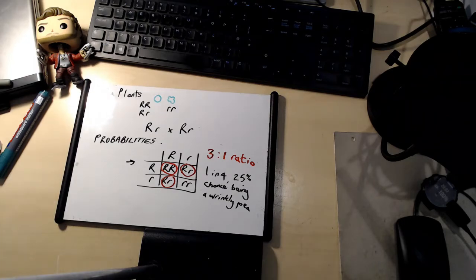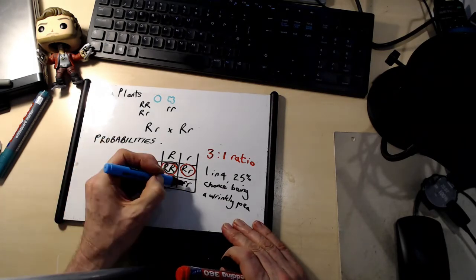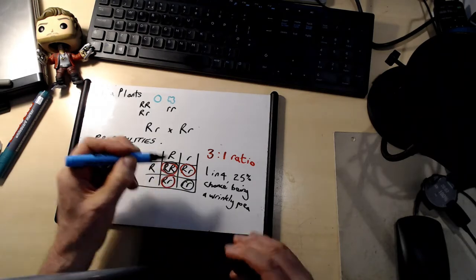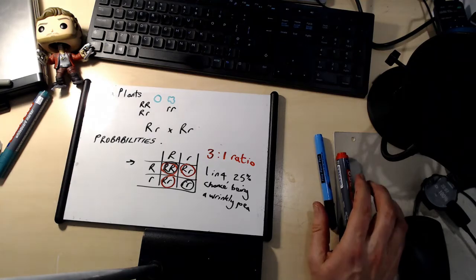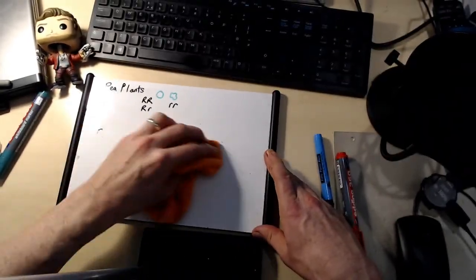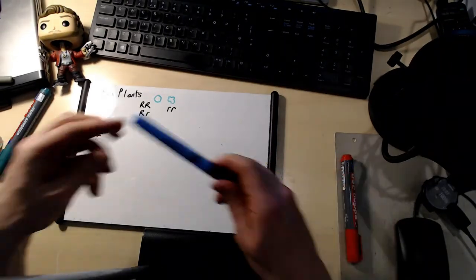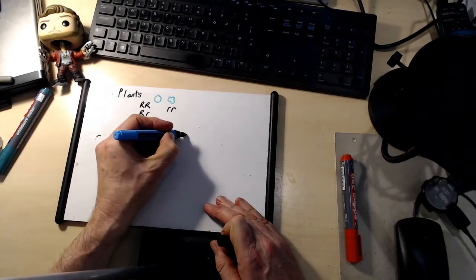So let's now cross a round pea with a wrinkly pea. Let's have a look at that one. So I'm going to go round pea with a wrinkly pea.